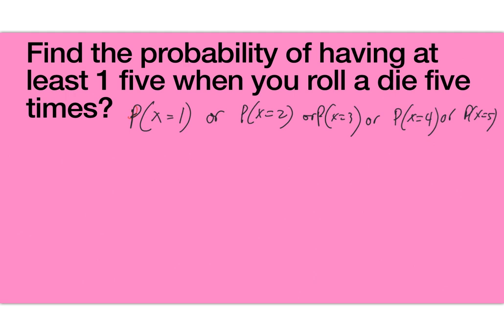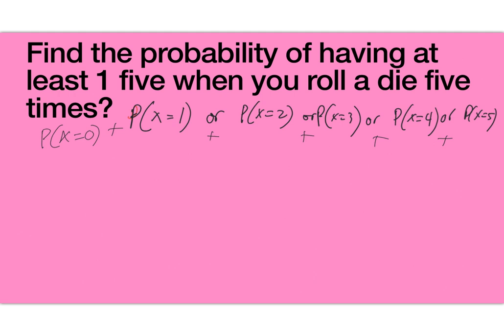Well, what's missing up there? 6. Can I have 6 5s if I roll a dice 5 times? No. So if I roll a dice 5 times, what are the different things that could happen for counting number of 5s? What's the fewest number of 5s you can have? 0. That's what I'm missing. If I were to add up all of these, it would add up to 1, because those are all the possibilities.